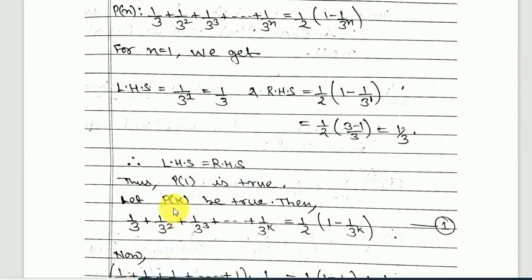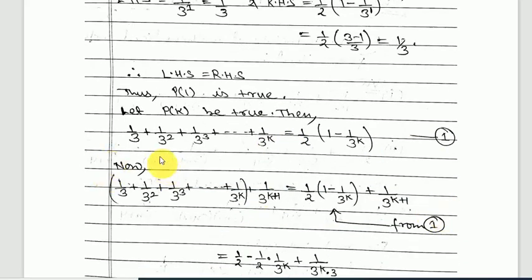Let us assume that Pk is true. So here Pk is true means whatever you have in the question, simply copy but replace that n by k. Name it as equation 1. Next, you copy the same whatever you have on the left hand side for this Pk. You should put it in bracket, then plus 1 upon 3 to the power k plus 1, following the same pattern, since the last term is 1 upon 3 to the power k.